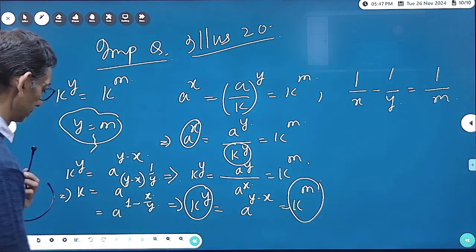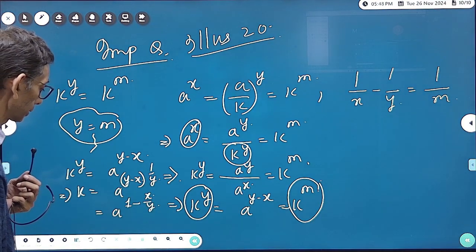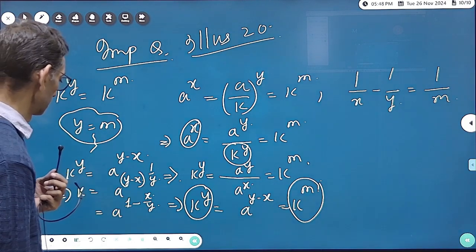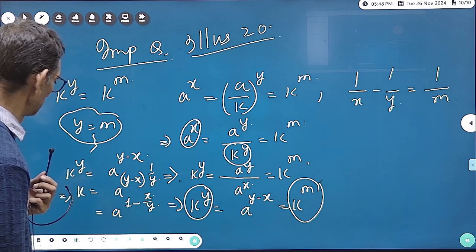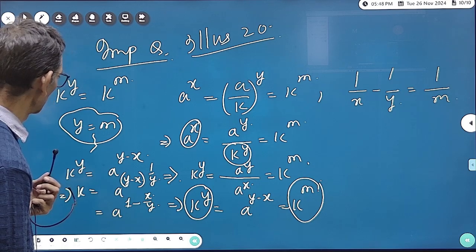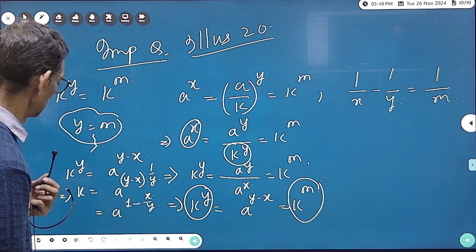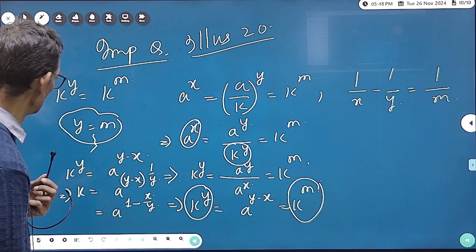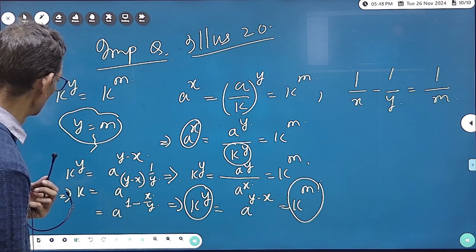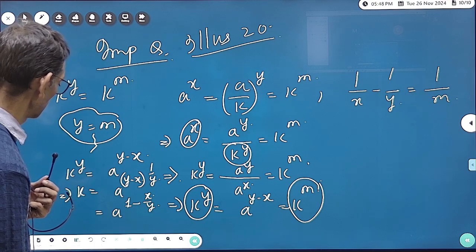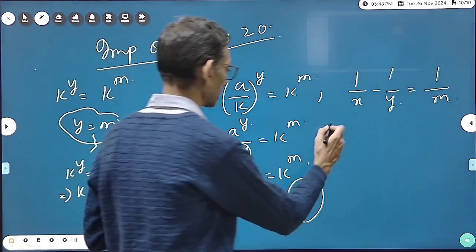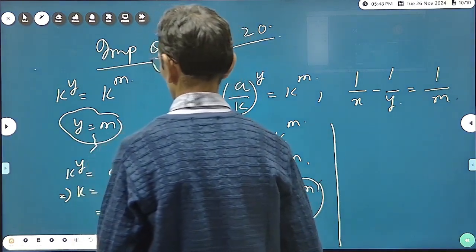We get the k value: a to the power 1 minus x by y. Done. Okay. Then again, we need m now. We got the k value. y is equal to m, so k to the power y is k to the power m. So already we got k to the power m. Okay, y is equal to m.